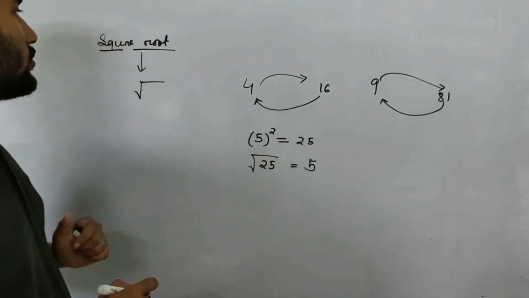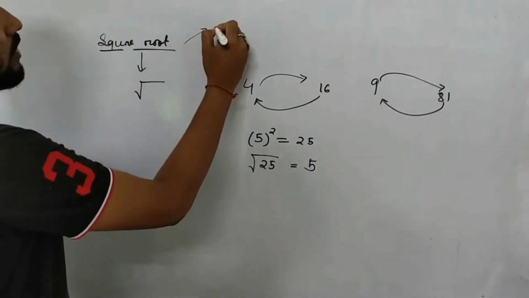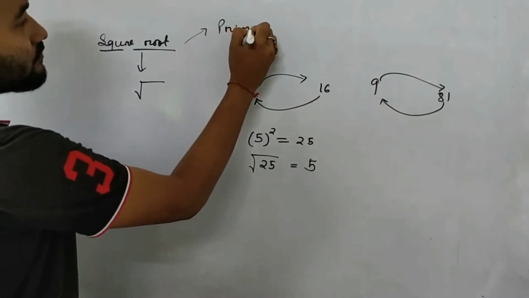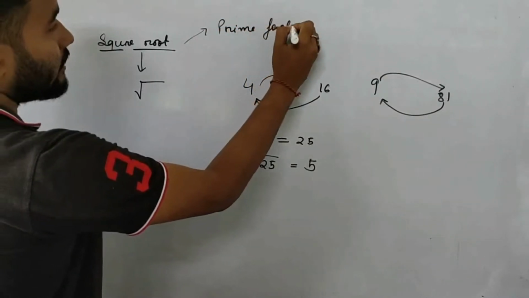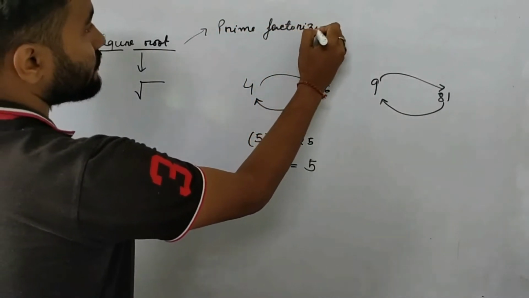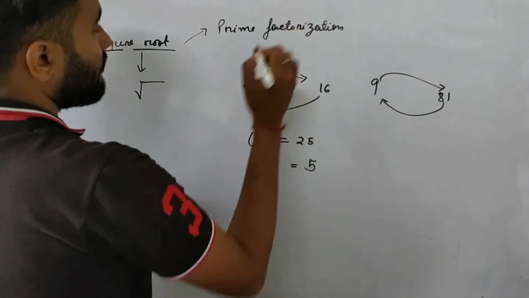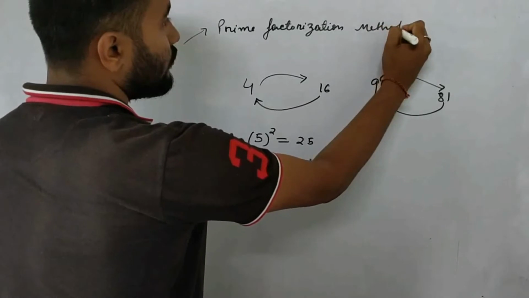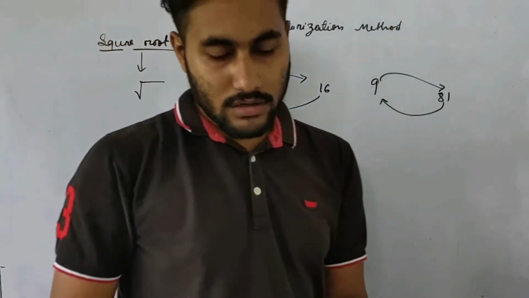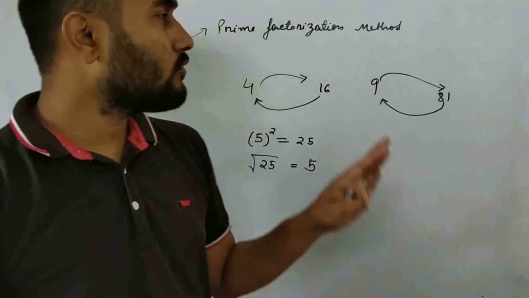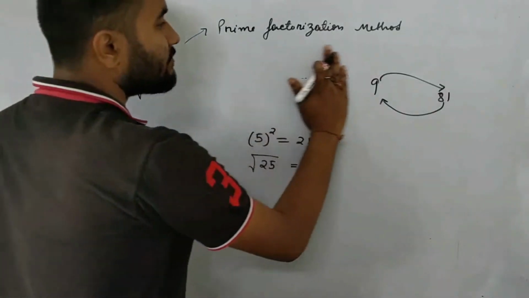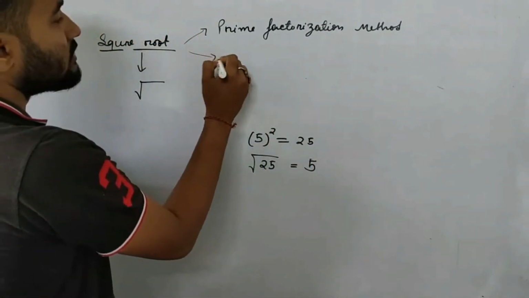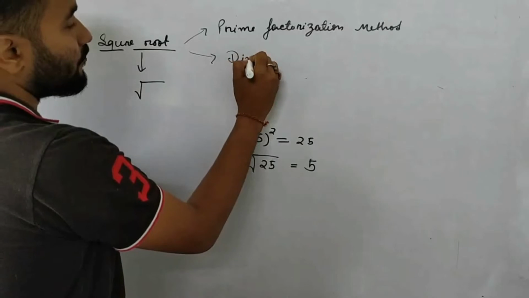There are 2 methods to find square root. One method is the prime factorization method, which we will learn now in 3.1, 3.2, 3.3. We are going to discuss this method first. The next method is the division method.